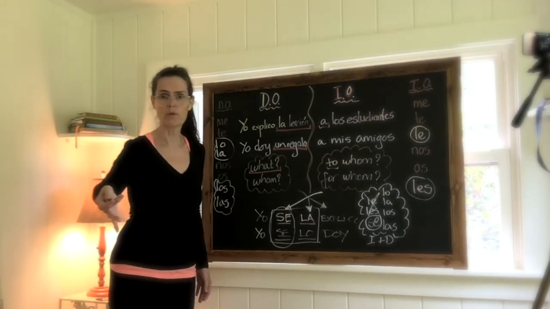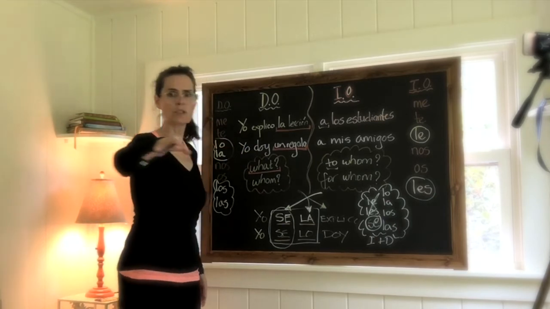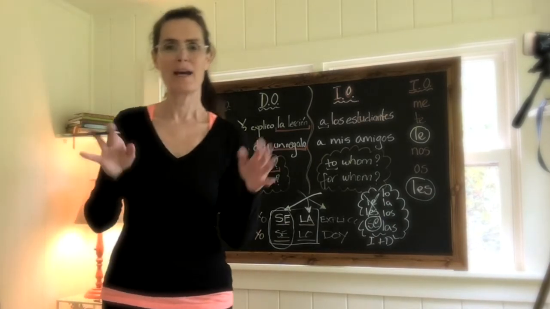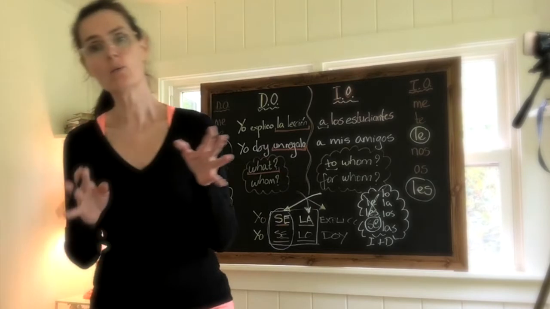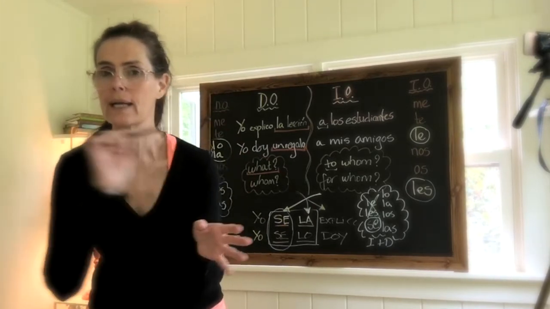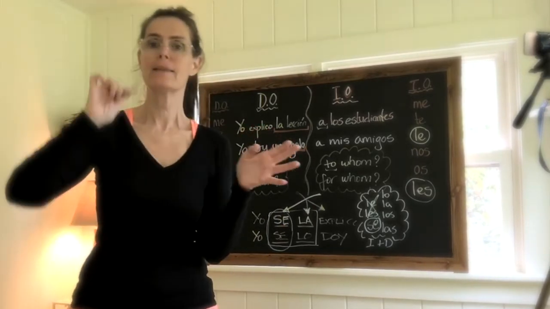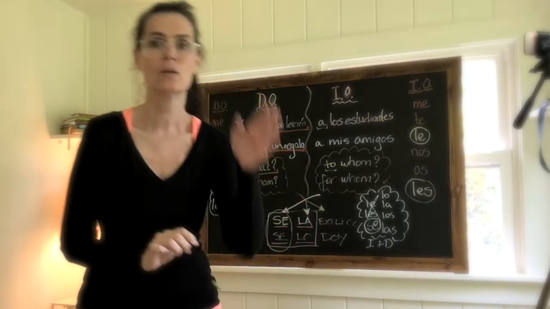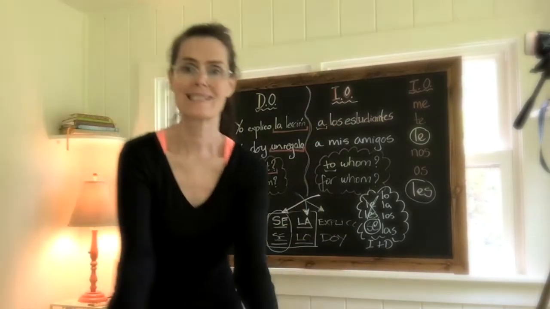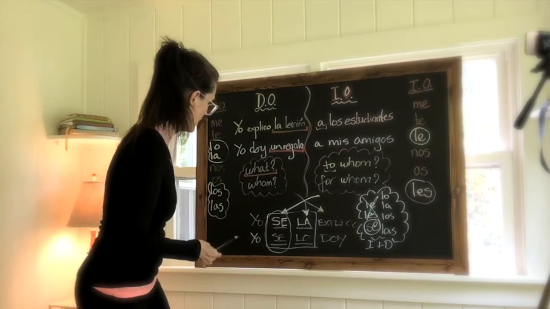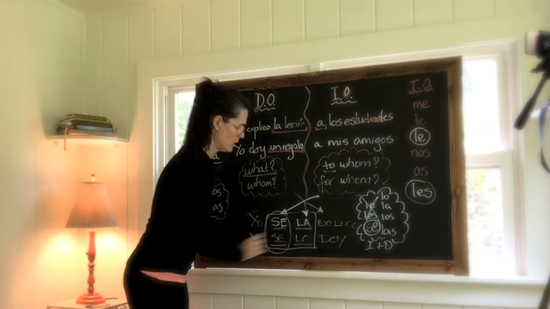Like I said before at the beginning, maybe it was another take, I don't remember, what I was saying is that when we mix le, lo, le, la, les, los, les, las, then those le and les will become se. So you will say, yo se la explico.